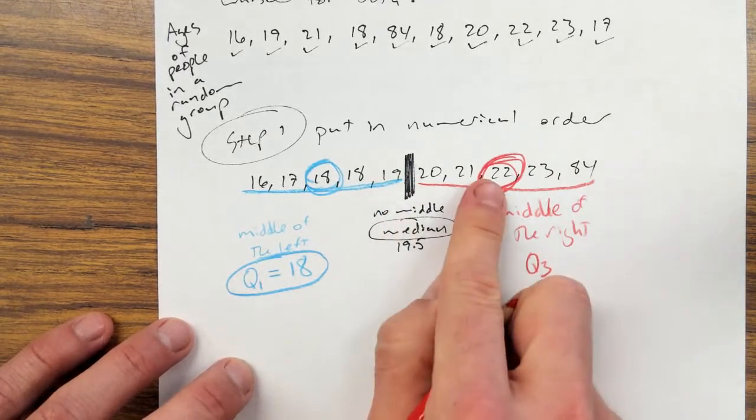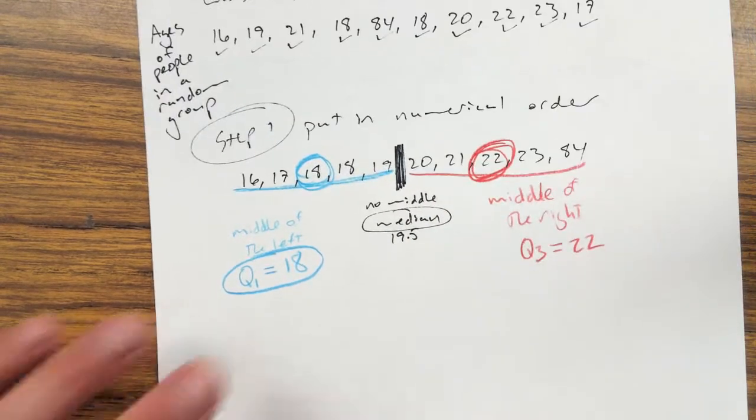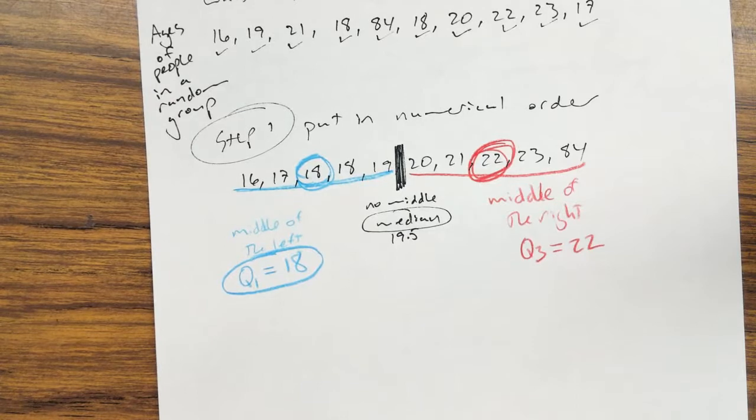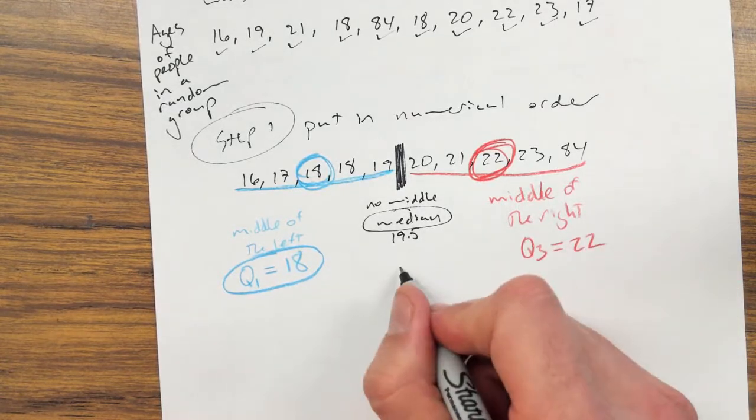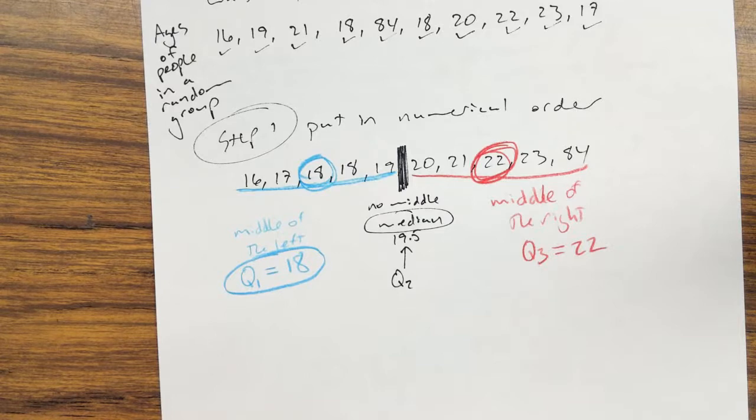Sports fans, that would be like the end of the third quarter. Q3 is 22. We also know from sports that Q2 would be halftime. So another word for median would be called Q2, or halftime. Okay?